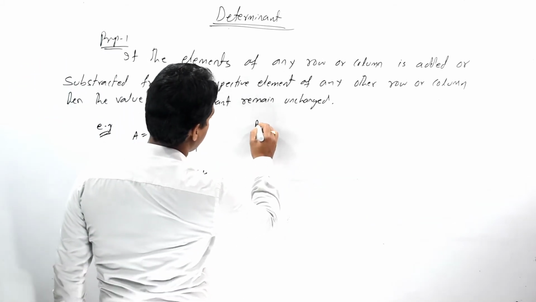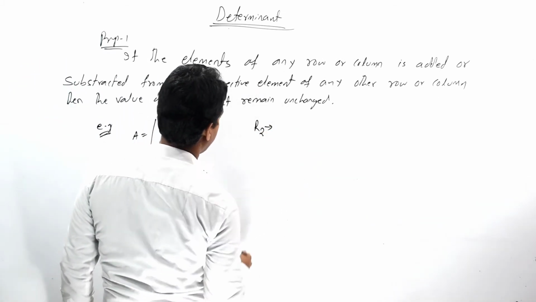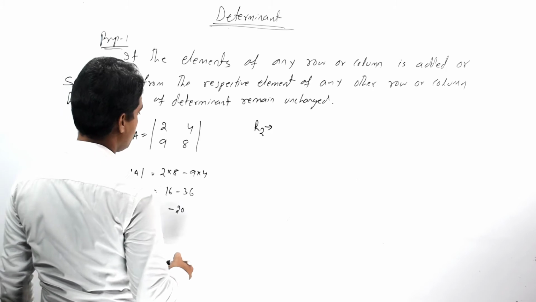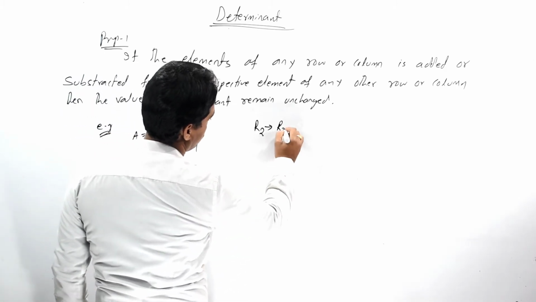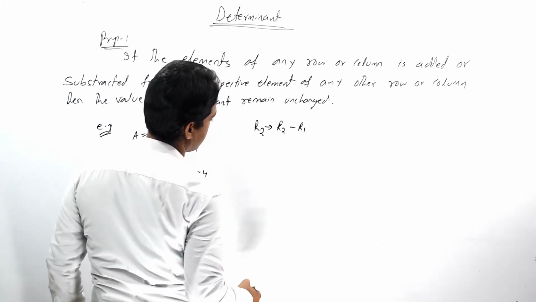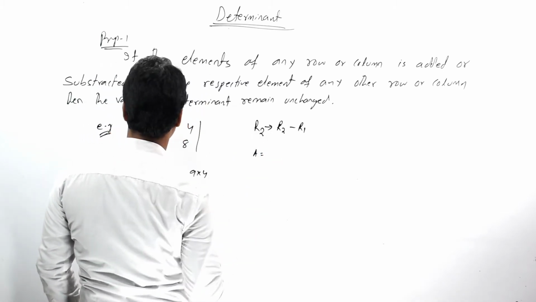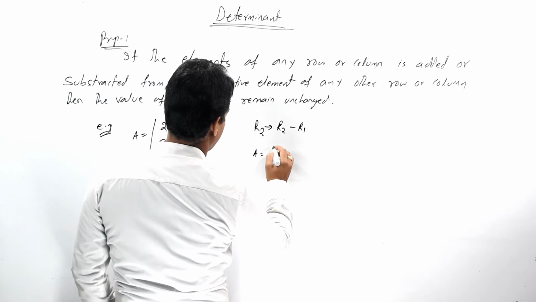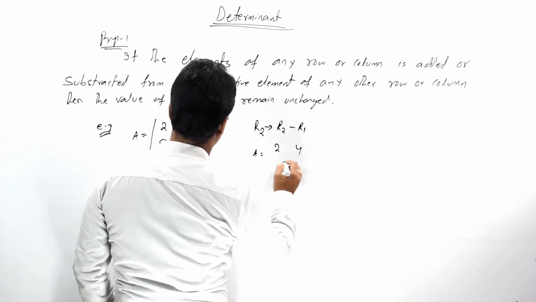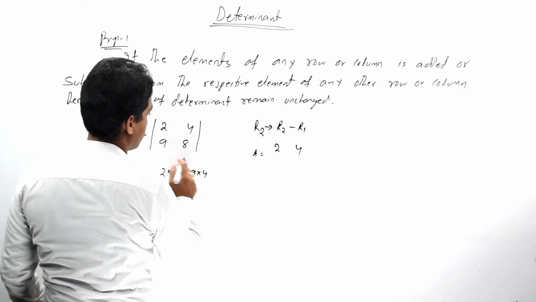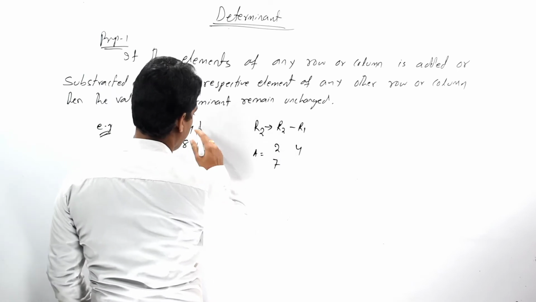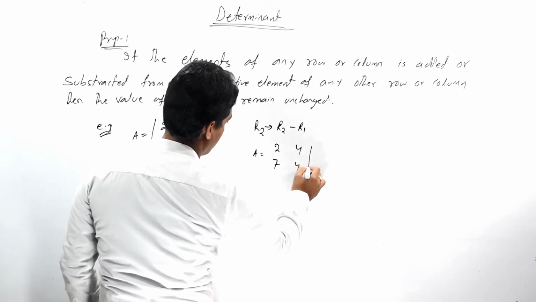Now we apply a condition, that is row 2 tends to row 2 minus row 1. So our new determinant is 2, 4 and 9 minus 2, that is 7, 8 minus 4, that is 4.